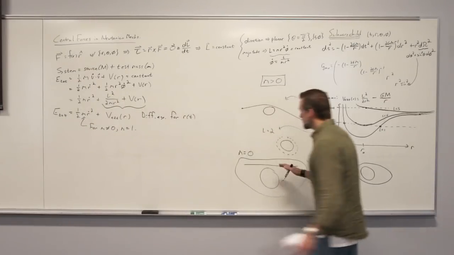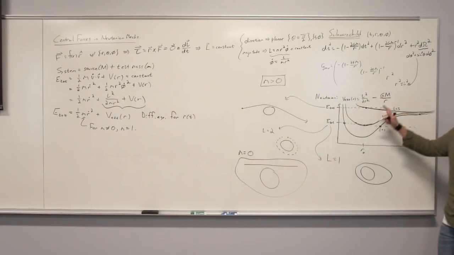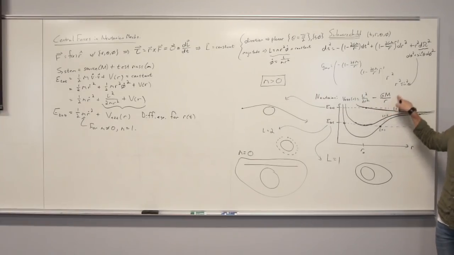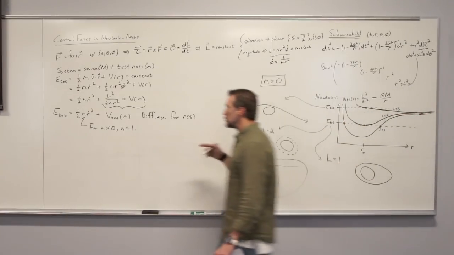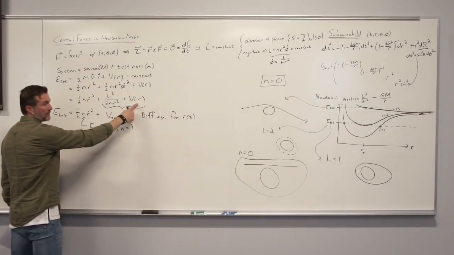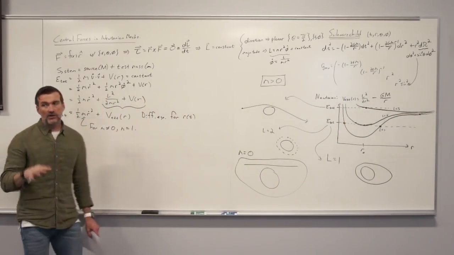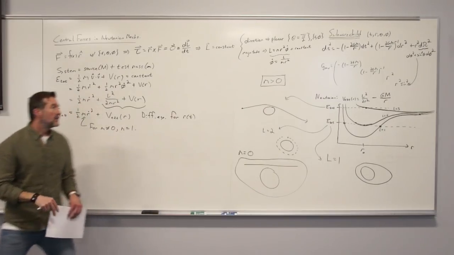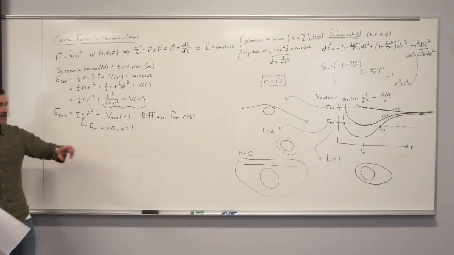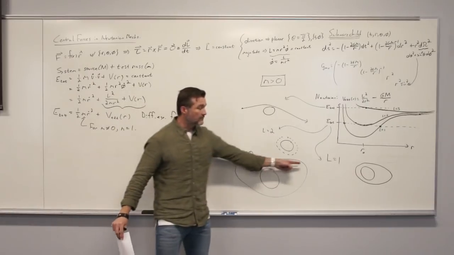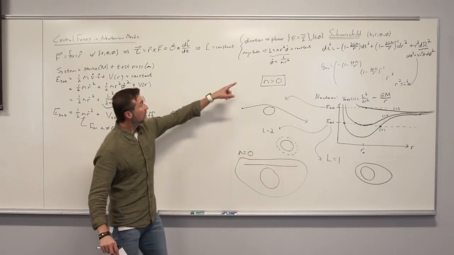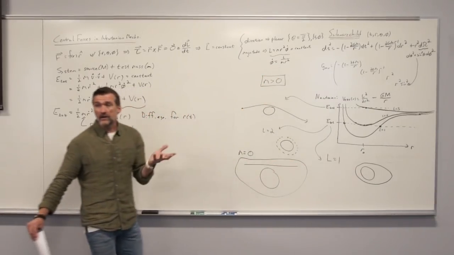Okay, and you can actually get this mathematically out of this expression just by taking this term to 0. Because if the true potential V of r for a massless particle is 0, you still have an effective potential because this thing has angular momentum. And so this L over mr squared is non-zero.